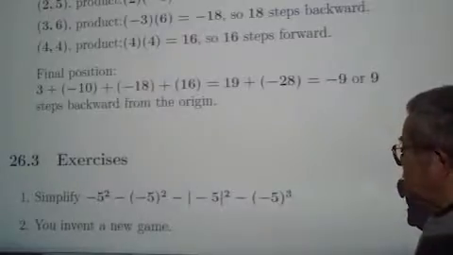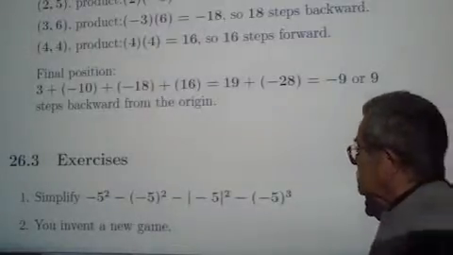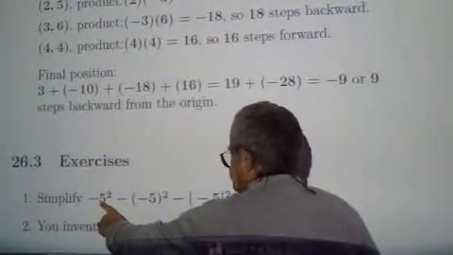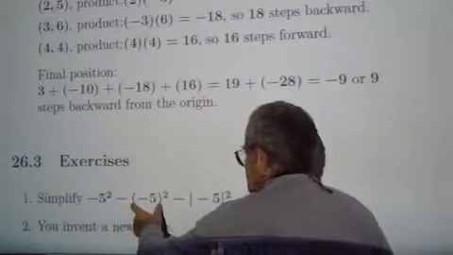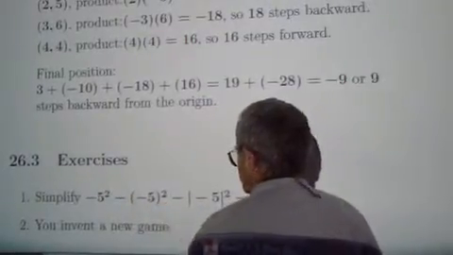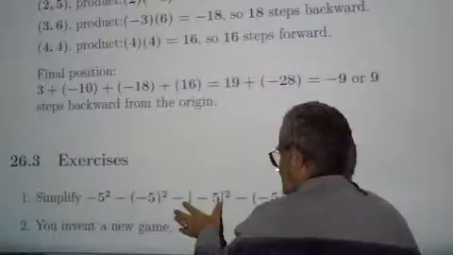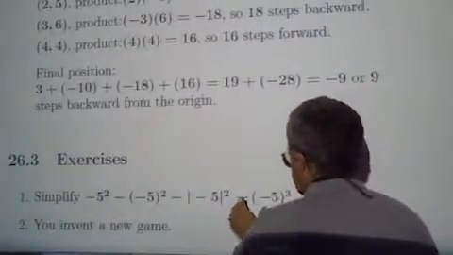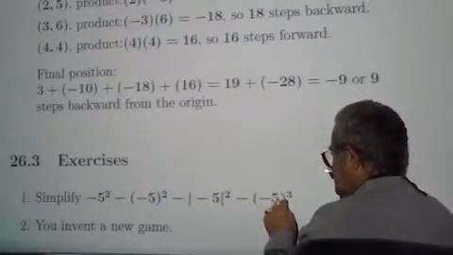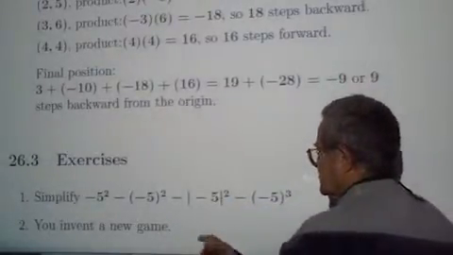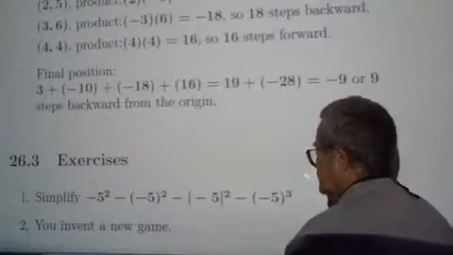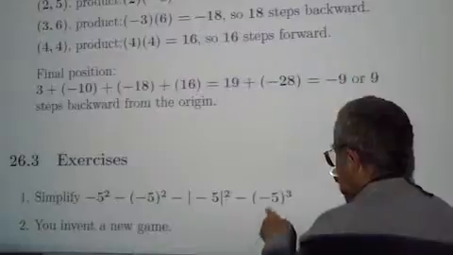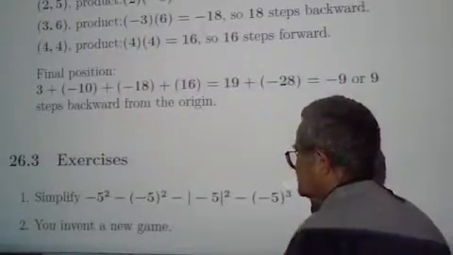I'm presenting you with a bunch of exercises now. I want you to simplify negative 5 squared minus the quantity negative 5 squared minus the absolute value of negative 5 squared minus the quantity negative 5 cubed.